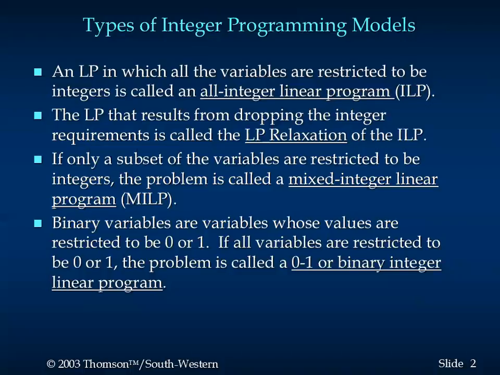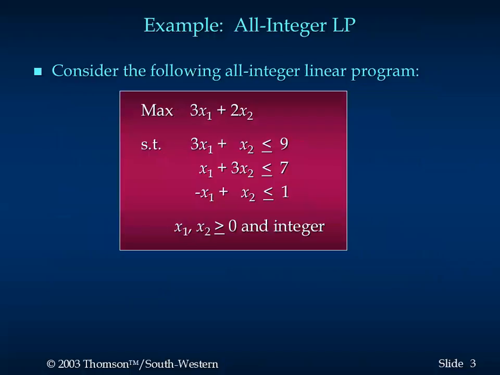Now, binary variables are variables whose values are restricted to 0 or 1. Such problems are called 0-1 or binary linear programming problems. We'll see many interesting applications. So let's consider this simple problem.